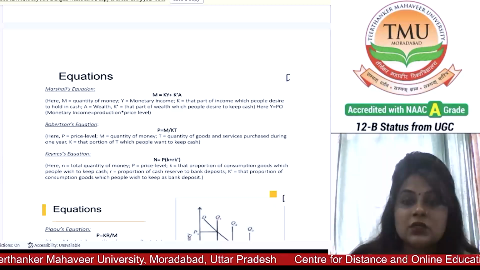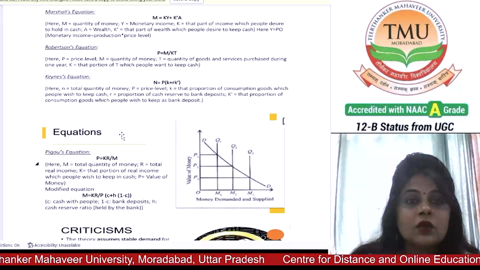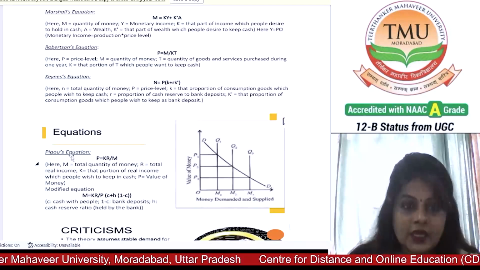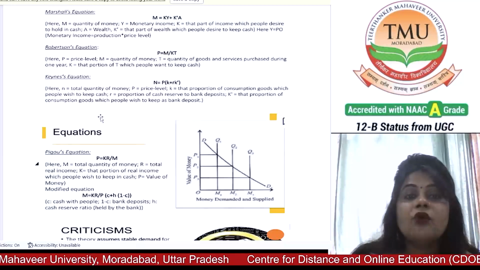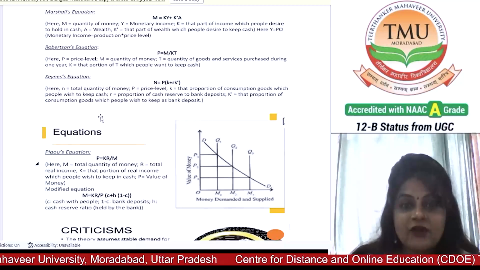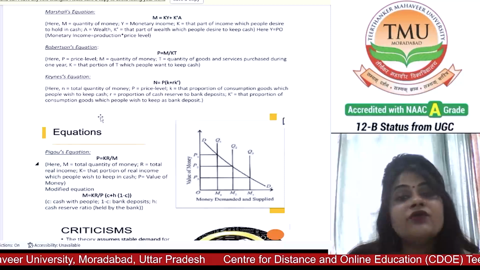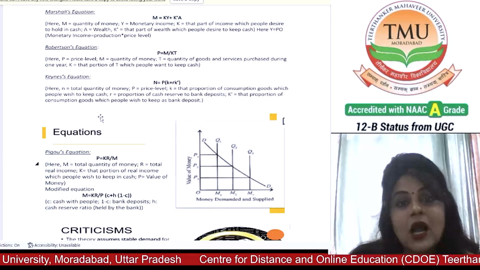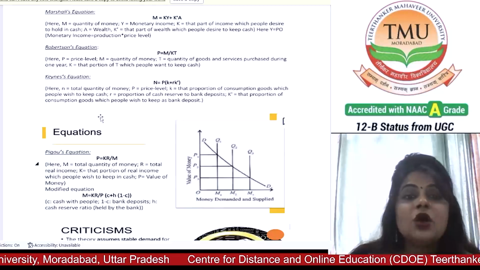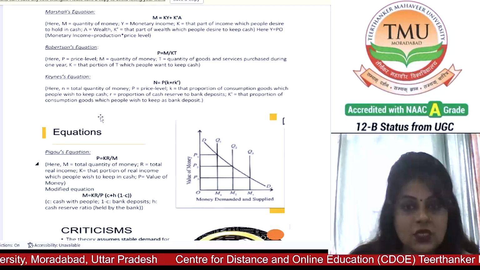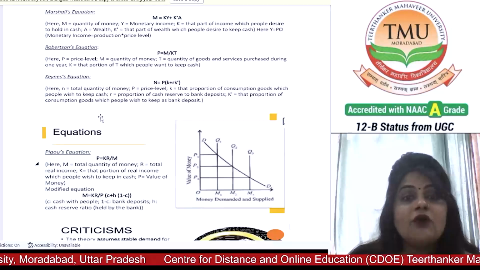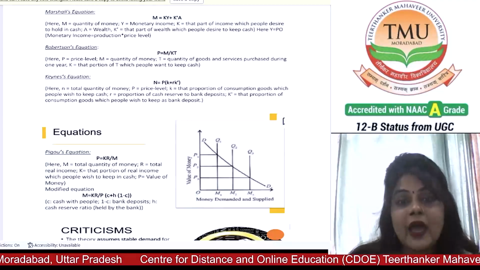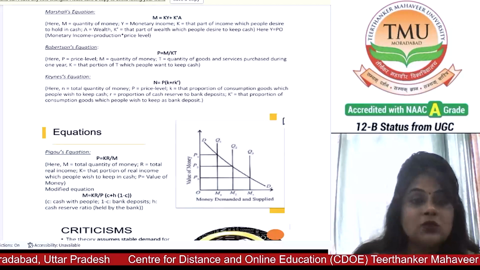Keynes also gave his equation: N is equal to PK plus RK dash. N is the total quantity of money. P is the price level. K is that portion of consumption goods which people wish to keep in cash. R is the proportion of cash reserved in bank deposit. K dash is that portion of consumer goods which people wish to keep as bank deposit.